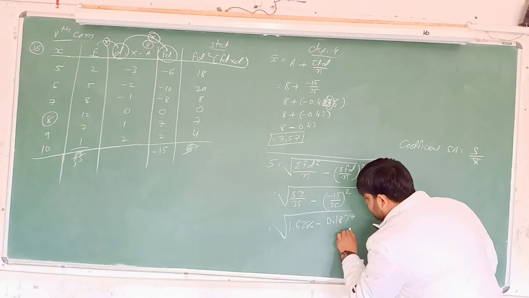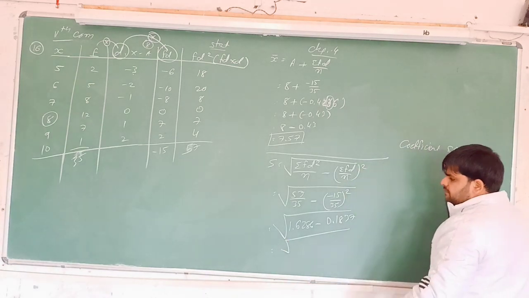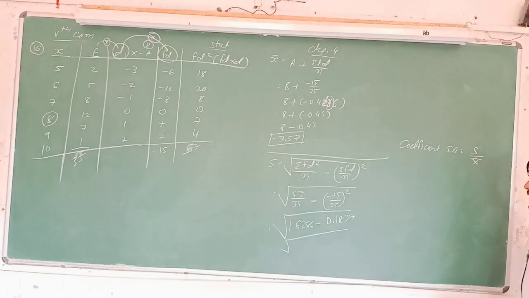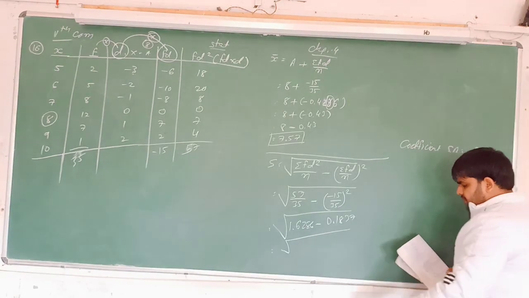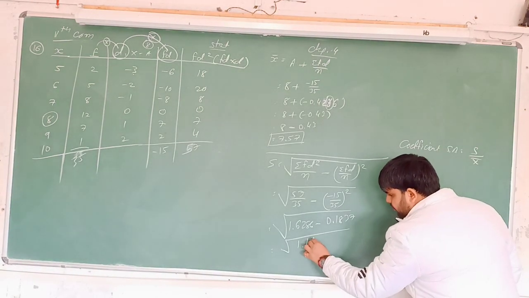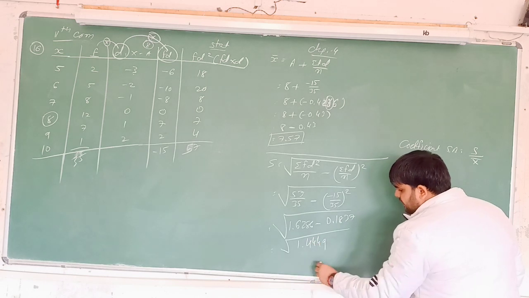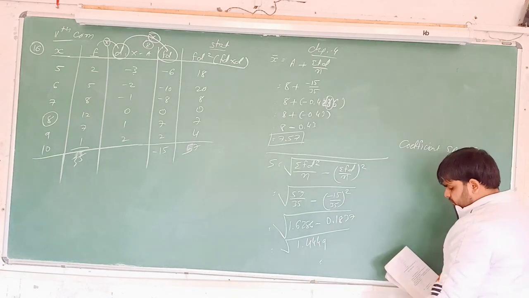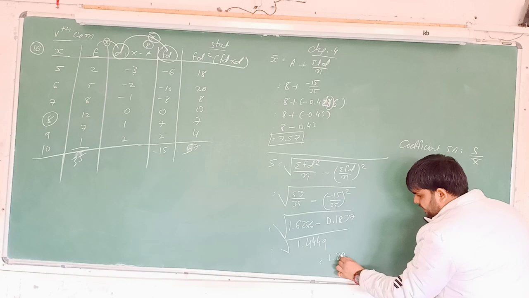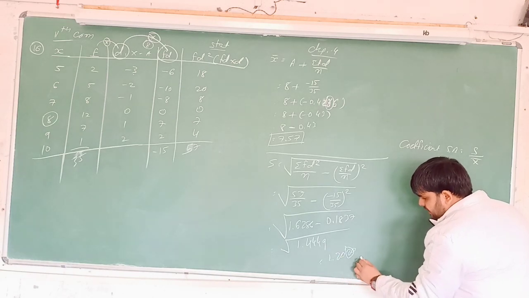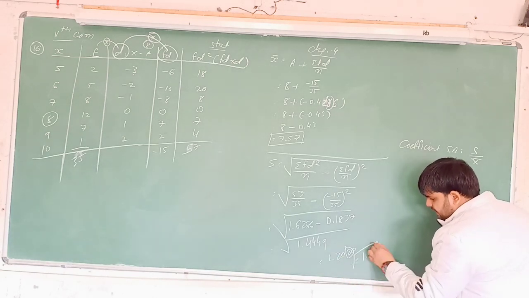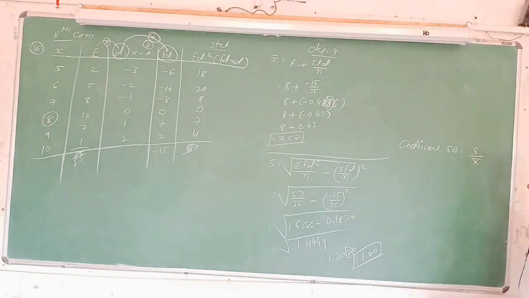Now minus these things: 1.6286 minus 0.1837 is 1.4449. Find the root of it. 1.2020. The third digit is 2, so 1.20. This is the answer of S.